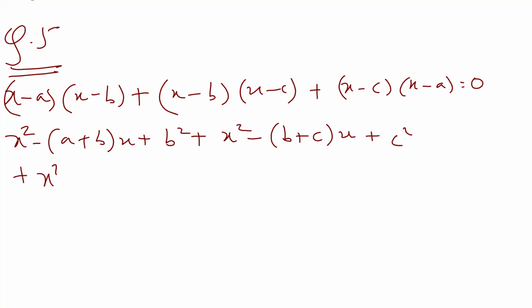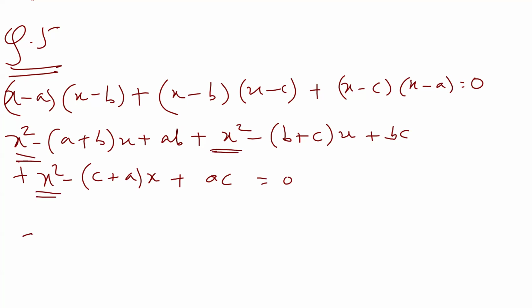I think one second. This should be ab, this should be bc, and this should be ac, okay? So x square, x square, x square, 3x square minus the negative terms I'll just group, which are the coefficients of x.